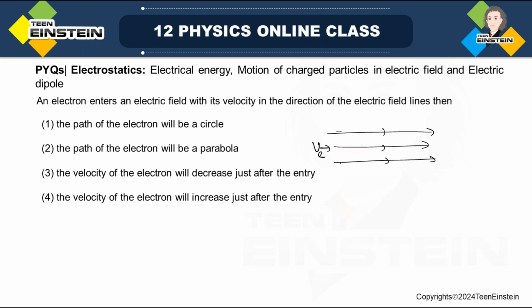See, this is the direction of the electric field, and in the same direction the electron is moving. We know that the force that the electron experiences due to the electric field present over here is minus E into E, where capital E is the magnitude of the electric field or the strength of the electric field.